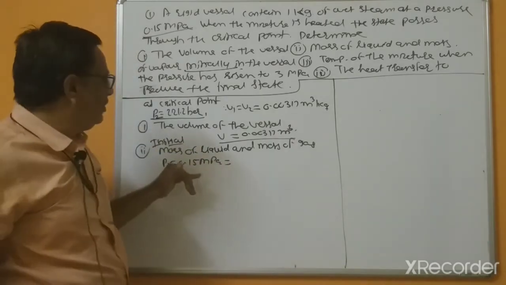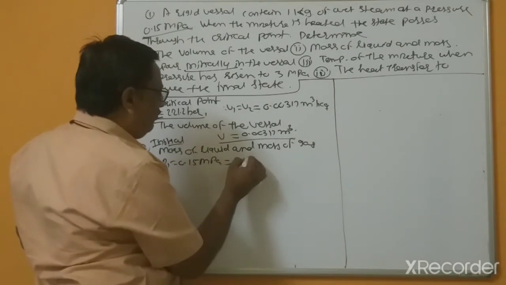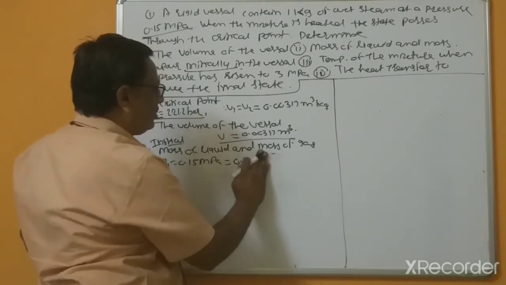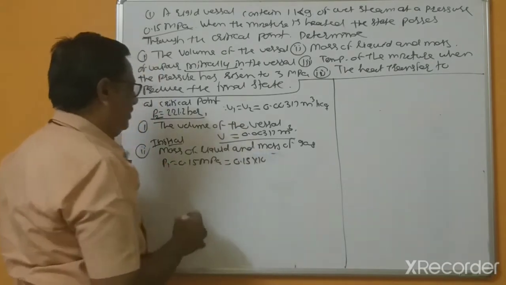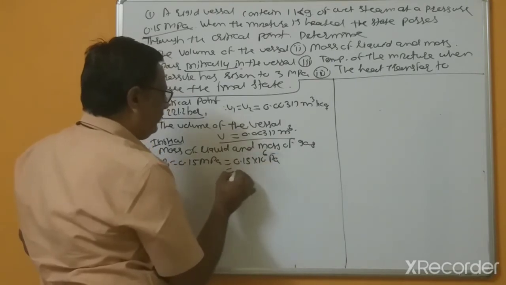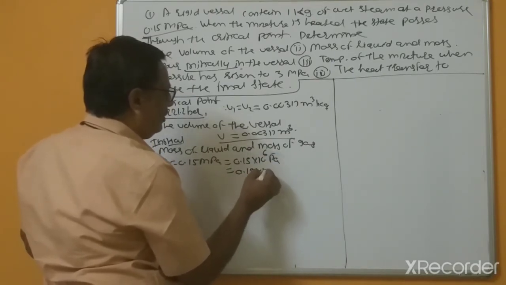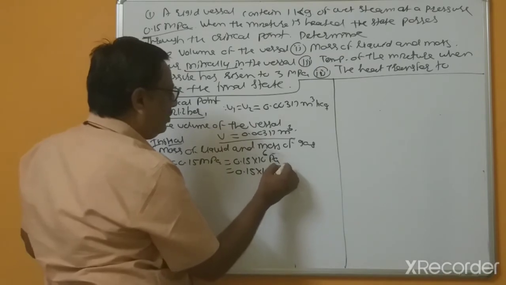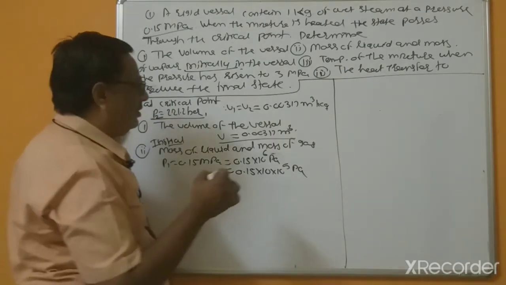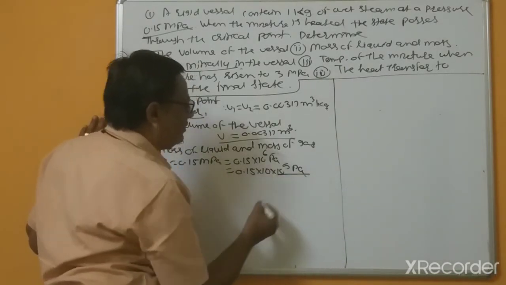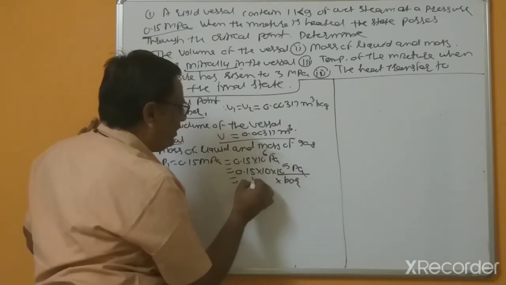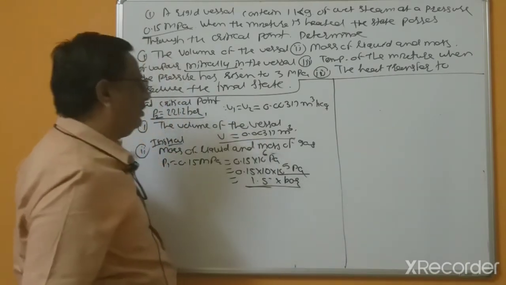As you know, this is 0.15 into 10 to the power 6 Newton per meter square. Megapascals means 10 to the power 6 pascals, and 0.15 multiplied by 10 to the power 6 gives 10 to the power 5 pascals, which is nothing but a bar. So that's why this is 1.5 bar.